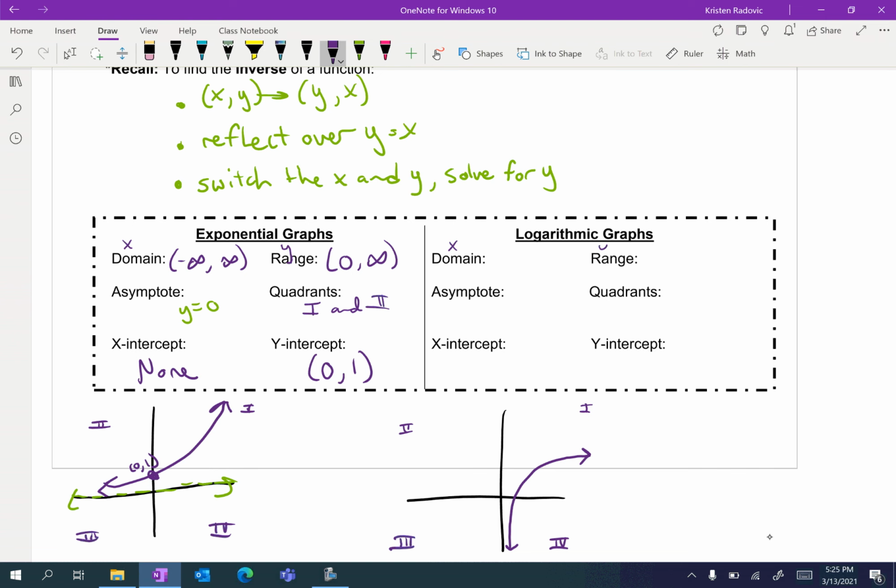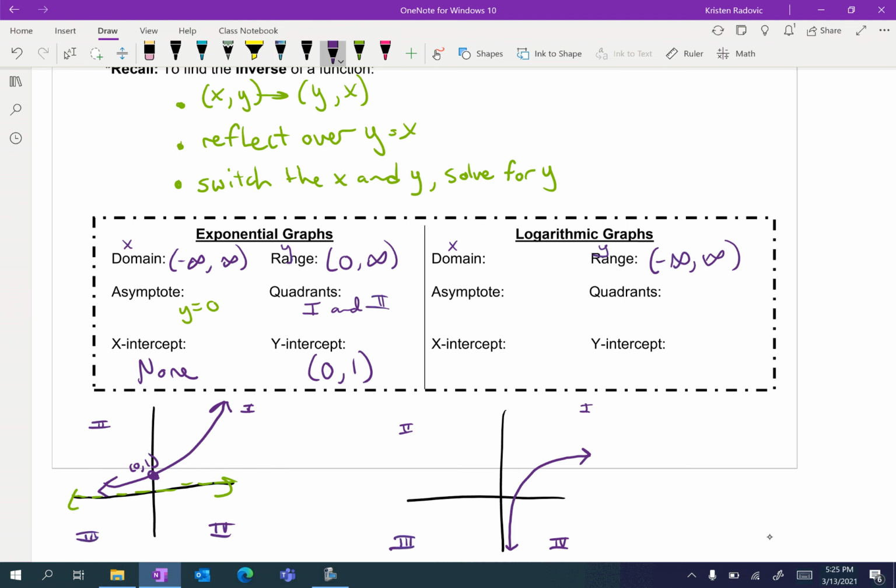So if we're talking about inverses, it makes sense that our domain and range switch as well, because we're talking about x and y values switching. So if the domain for exponential was from negative infinity to positive infinity, those were my x values. For logarithms, that's now going to turn into my y values. And my range is going to be from negative infinity to positive infinity now. I can go up and I can go down.